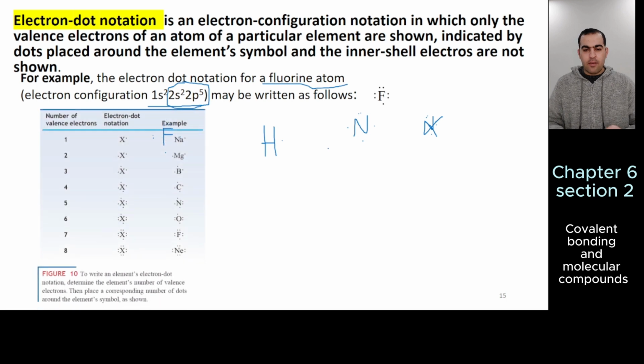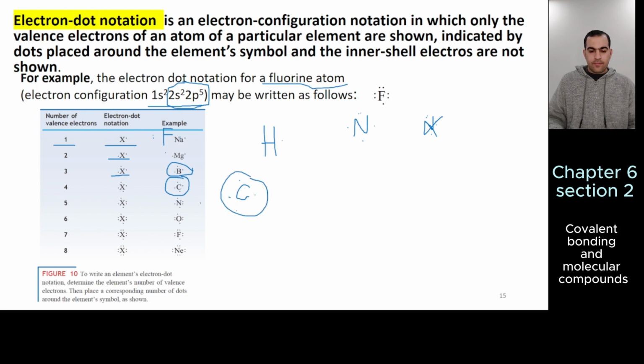These are more examples. If it has 1 valence electron, this is how we write it; X can be any element. If it has 2, or 3 valence electrons like boron, this is how we write the electron dot notation. Carbon has 4: 1, 2, 3, 4. That's in group 14. Neon has 8 dots, 4 pairs.